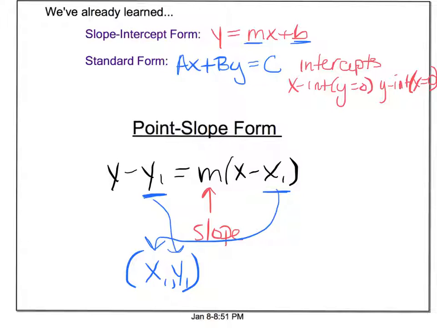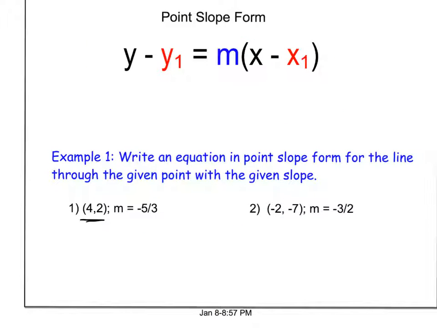But first, let's look at how we would write an equation in point-slope form. Here's an example. Let's look at example number 1. I have the point 4, 2, and I have the slope, which is a negative 5/3. When writing in point-slope form, y is always there, and a minus sign always follows. Your next job is to substitute in the y-coordinate of the point.